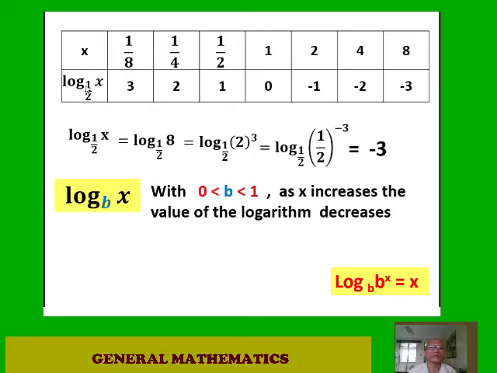So the logarithm of x, as x increases from 1/8 to 8, decreases from 3 to negative 3. So this is one observation that we observe in this logarithm of x, where the base b is between 0 and 1.